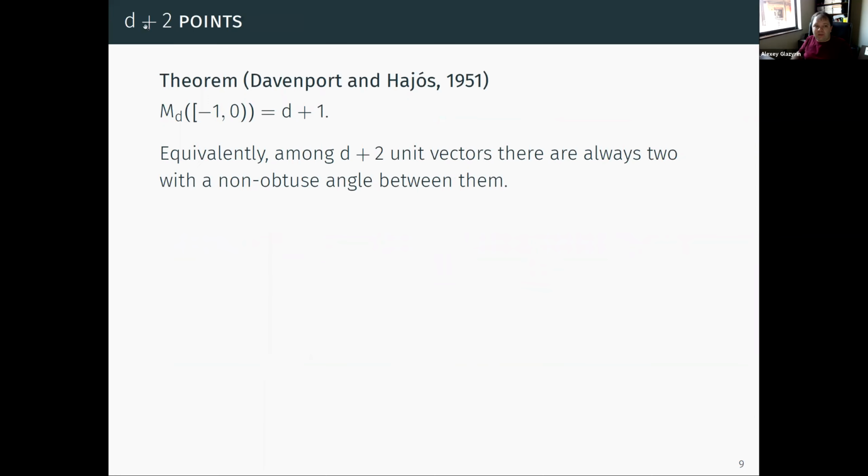So I'm going to talk about d plus 2 points in dimension d. And this is a result that somehow squeezed in the literature as the Rankin bound. Although Rankin writes in his paper directly that it was already proven by Davenport and Hajós.